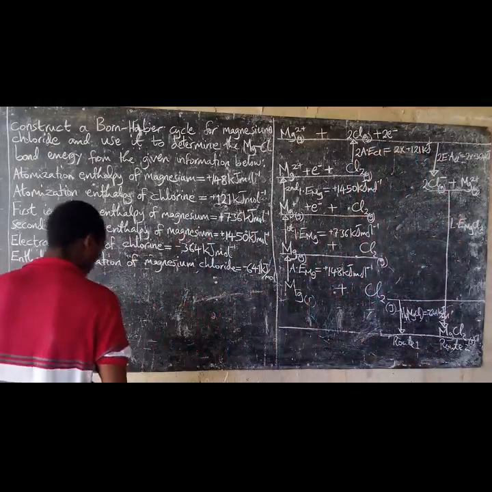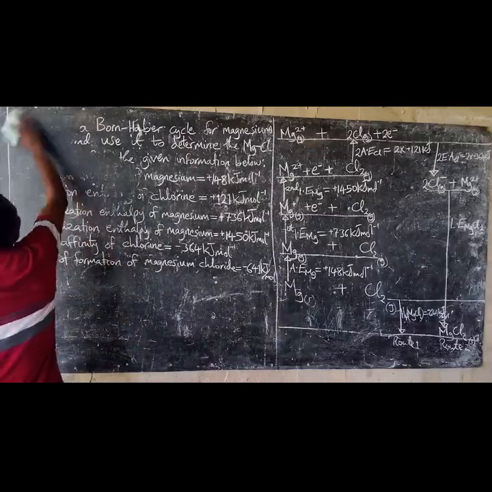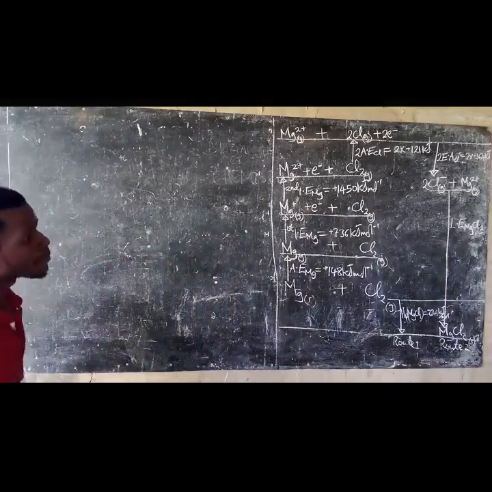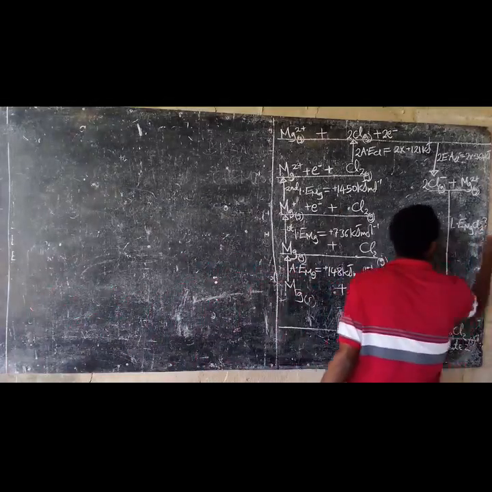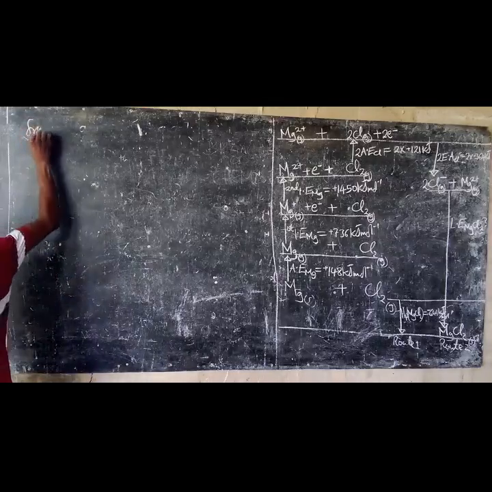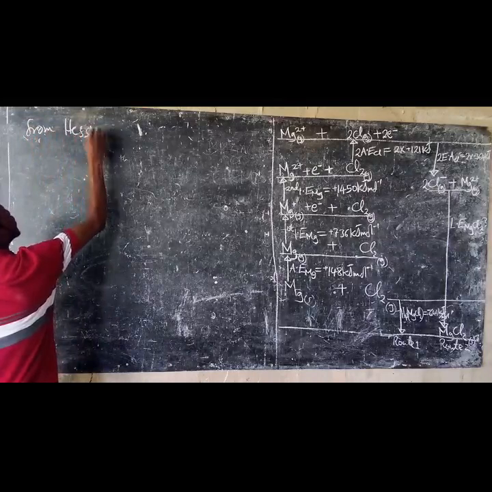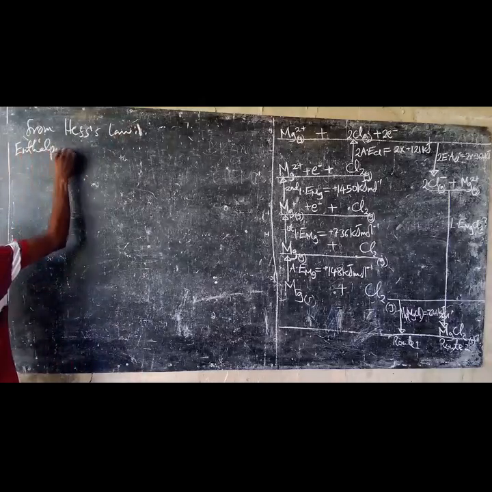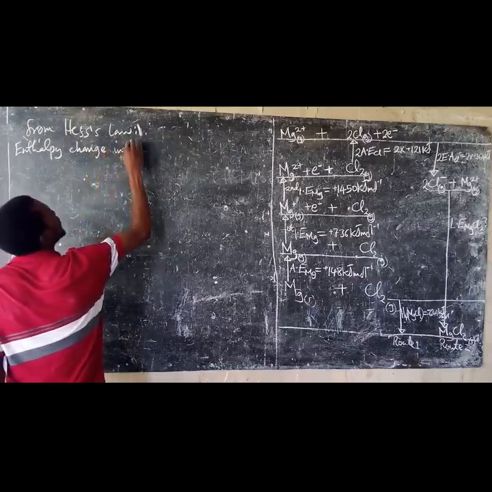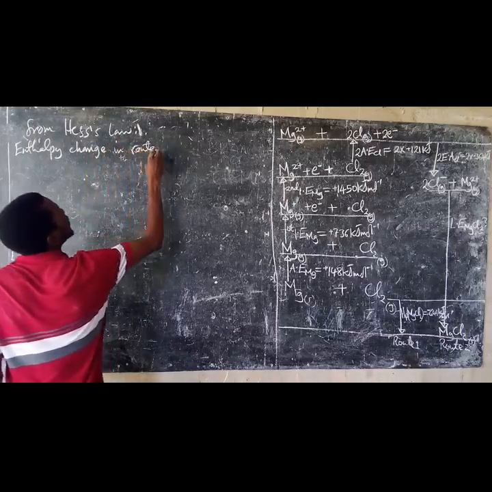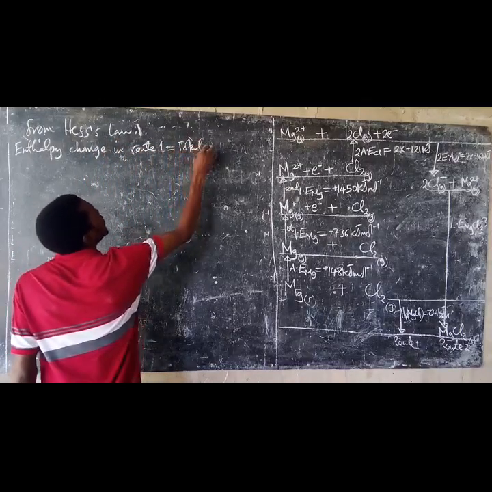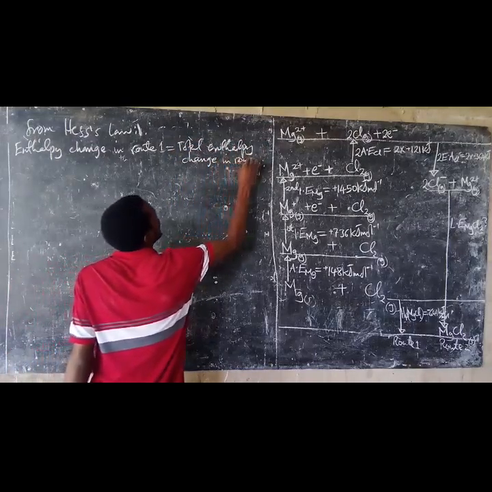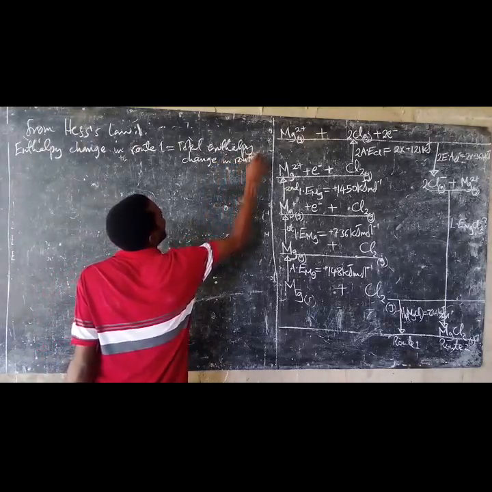Now from Hess's law, we are going to determine the lattice energy. From Hess's law, the enthalpy change in route 1 is equal to the total enthalpy change in route 2.